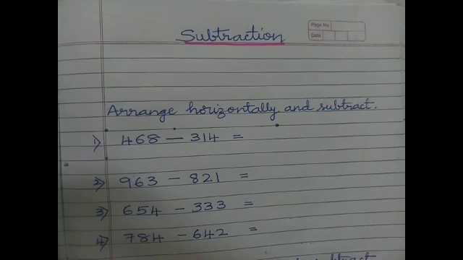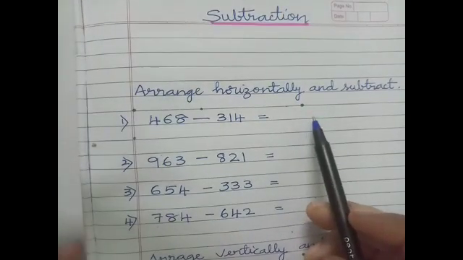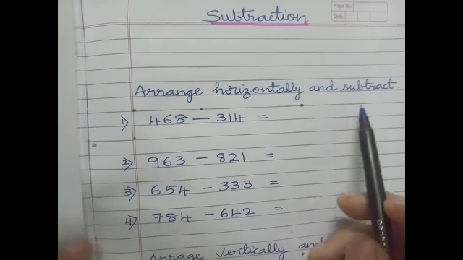In a similar way, while doing subtraction also, we have to arrange the numbers in horizontal or vertical arrangements, and then subtract. So, let us learn it. Arrange horizontally and subtract.